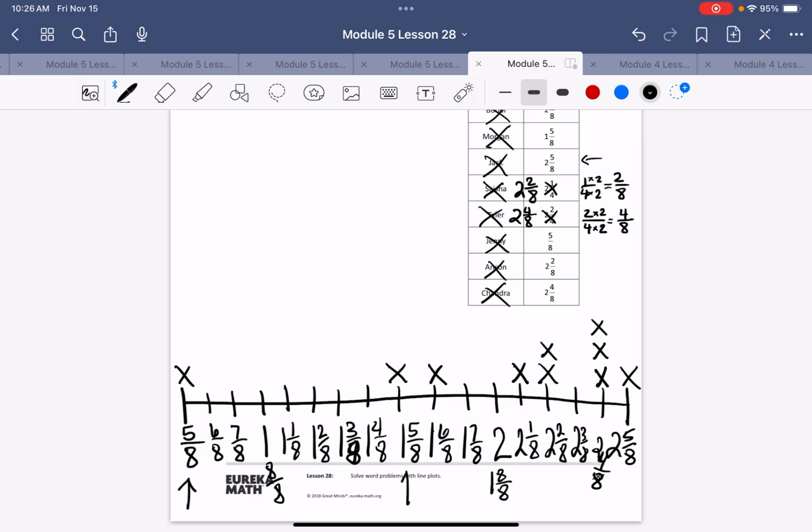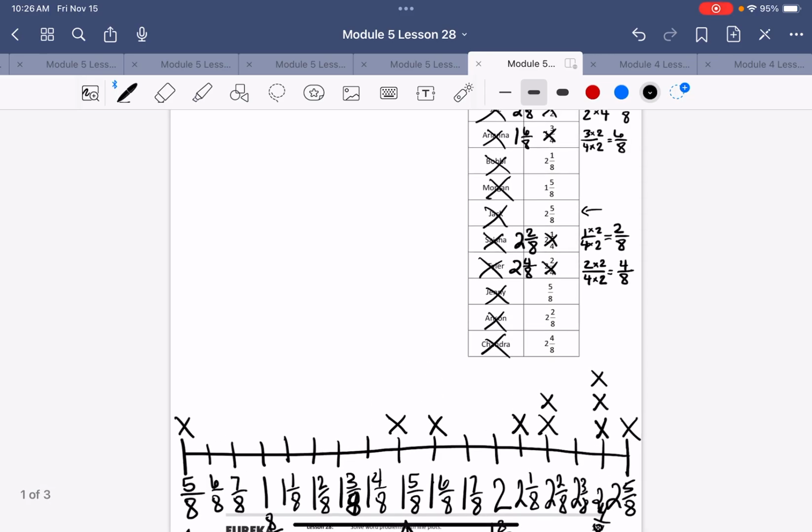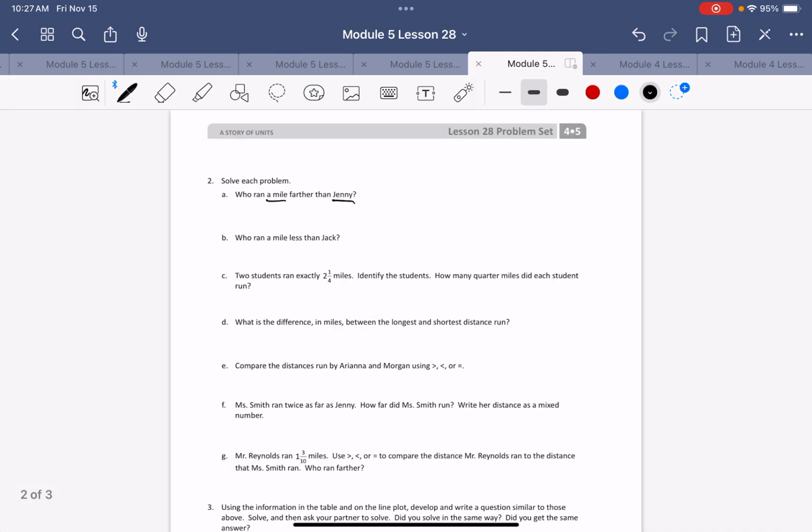So on my chart, a mile further would be 1 5/8. So who ran 1 5/8? If I look at my chart, I can see that Morgan ran 1 5/8. So on my question, I can say that Morgan ran a mile further than Jenny.